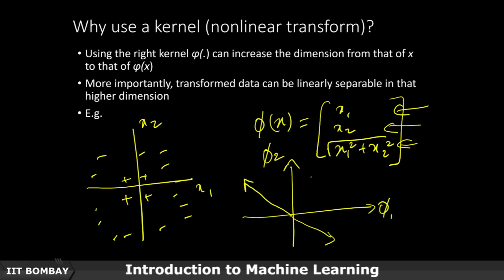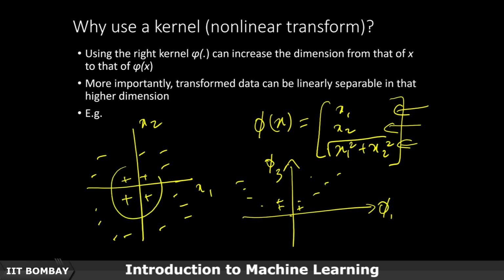So in that third dimension, let's say I want to plot phi 1 versus phi 3, because I cannot adequately show the 3 dimensions. Then the data points that I will have will be concentrated like this. Okay.